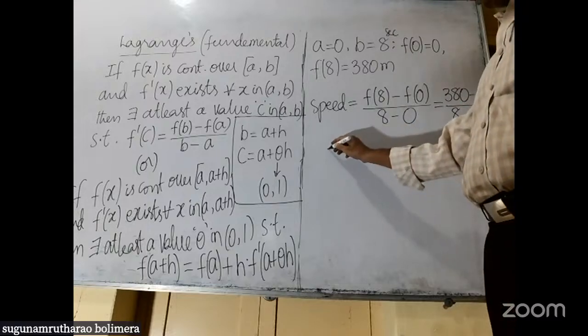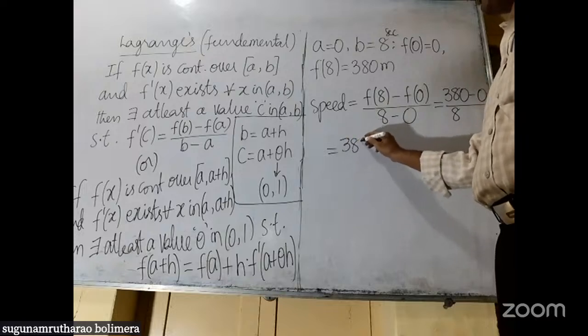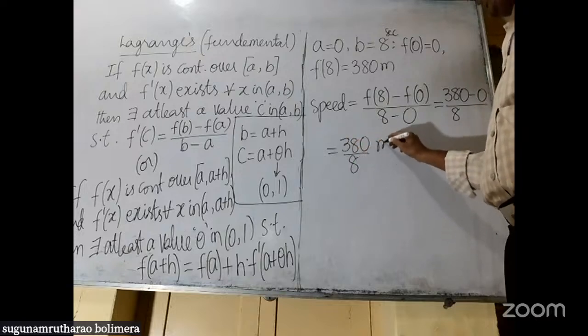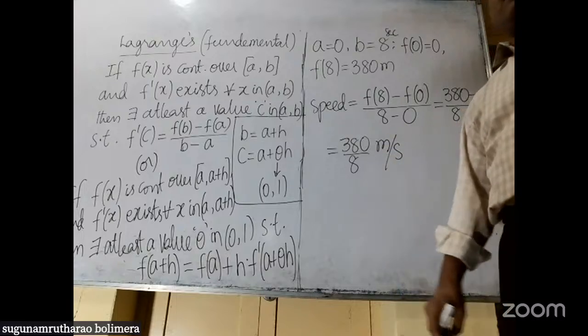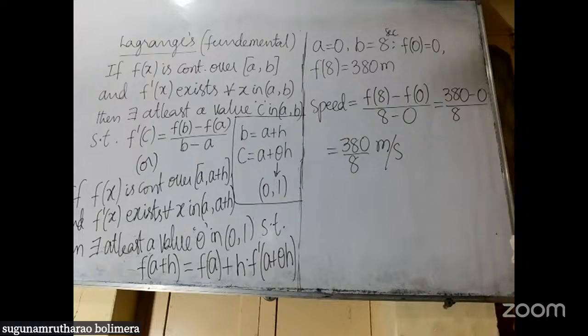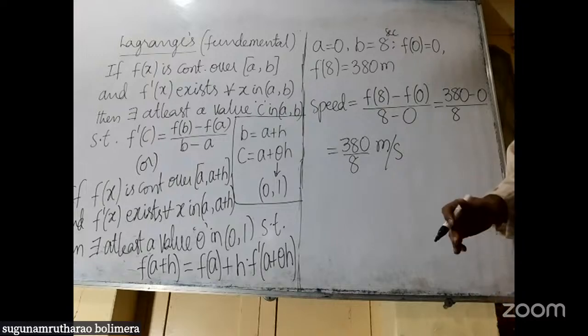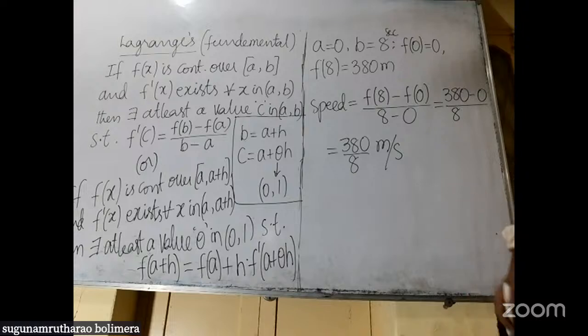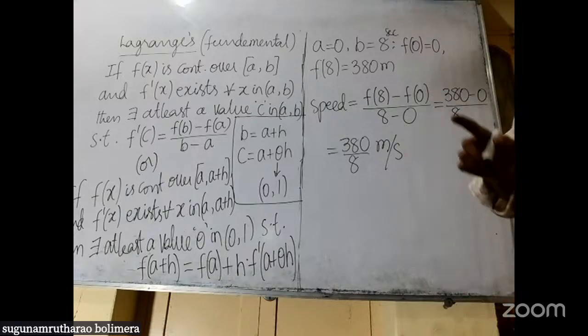So 380 by 8 meter per second. But the speedometer in any vehicle, cars, buses, trains, or motorcycles, shows the reading in kilometer per hour, not in meter per second.